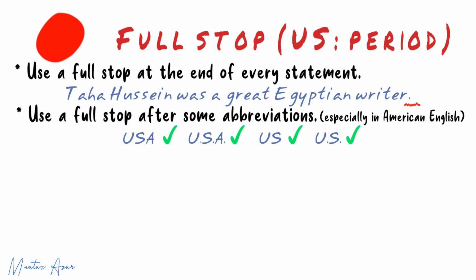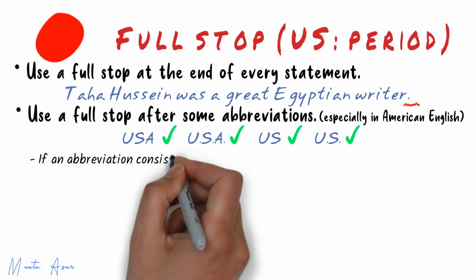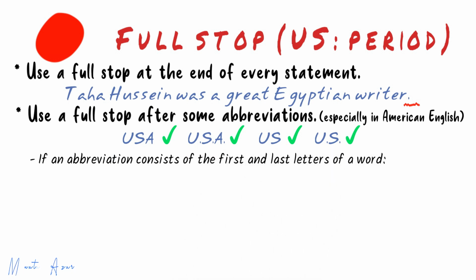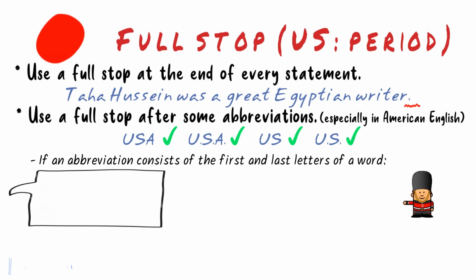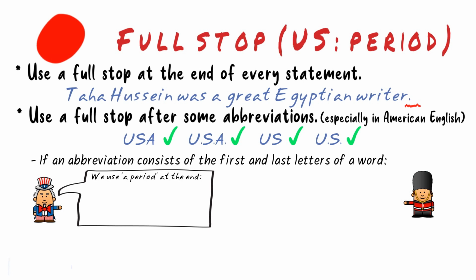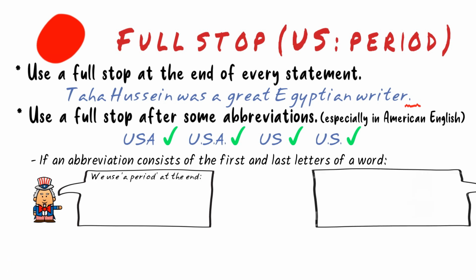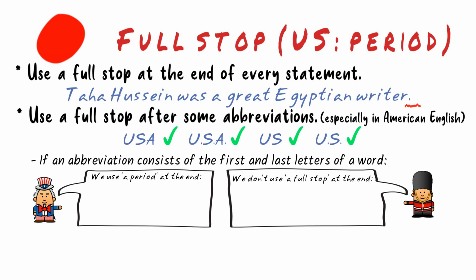We have two cases here. If the abbreviation consists of the first and last letters of a word, we use a period at the end. We don't use a full stop at the end.